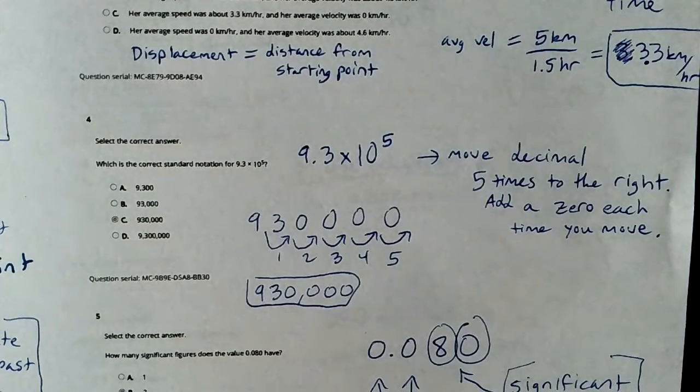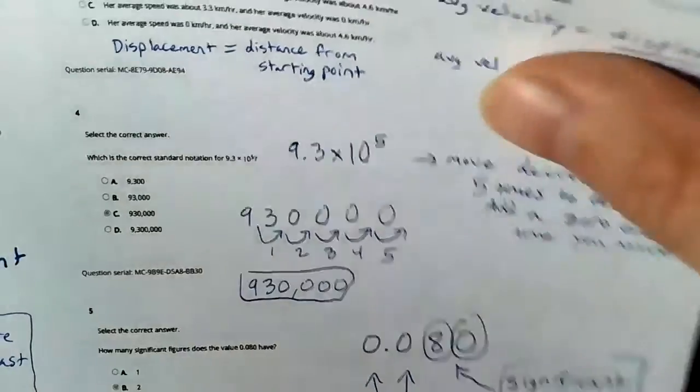It's always a number, point, a number. If you're moving to the right, the exponent will be positive, but if that number is negative, that means you're moving the decimal point to the left instead. So let's look at the next example.